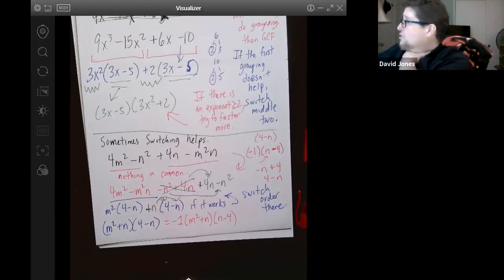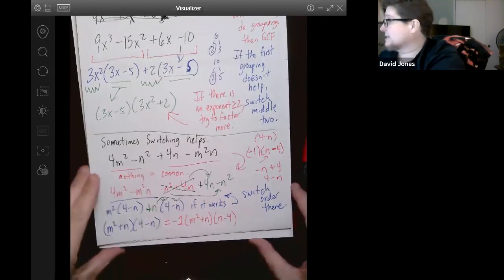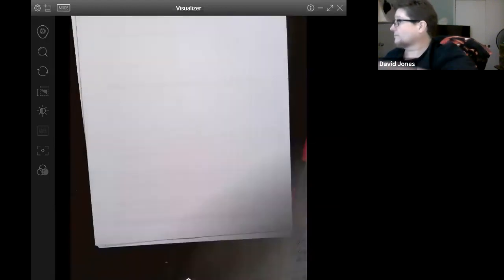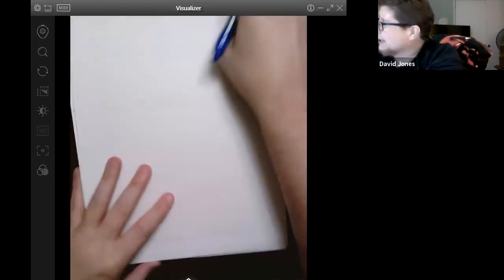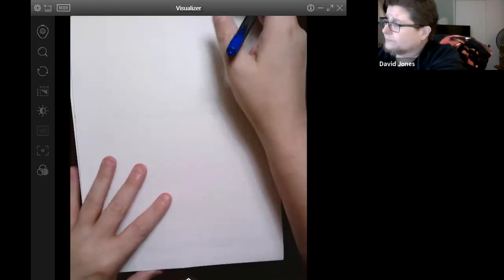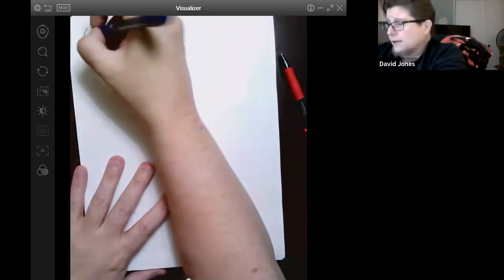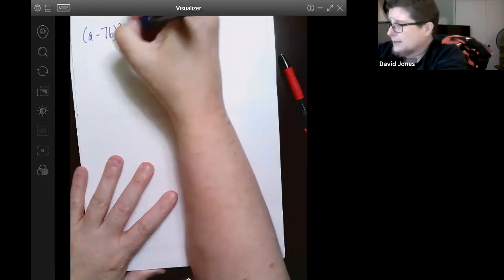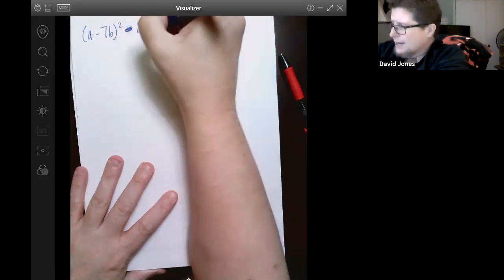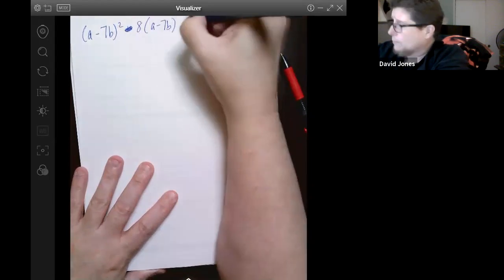I want to show you something other tricky they might try. Let's try this. What if they give you something like this? a minus 7b squared minus 8 times a minus 7b plus 16.